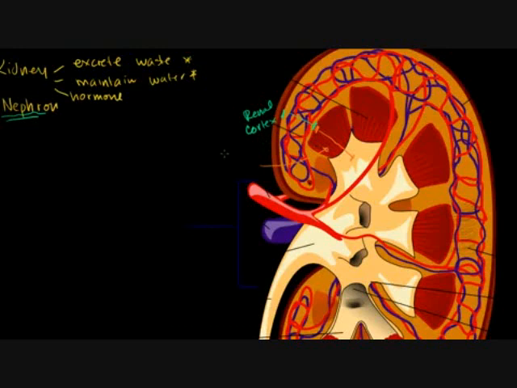And medulla comes from middle, so you can almost view it as the middle of the kidney. Besides just understanding these words, we're going to see that they play a very important role in this filtration, or this excretion of waste, and this ability to not excrete too much water when we're trying to filter out our blood.